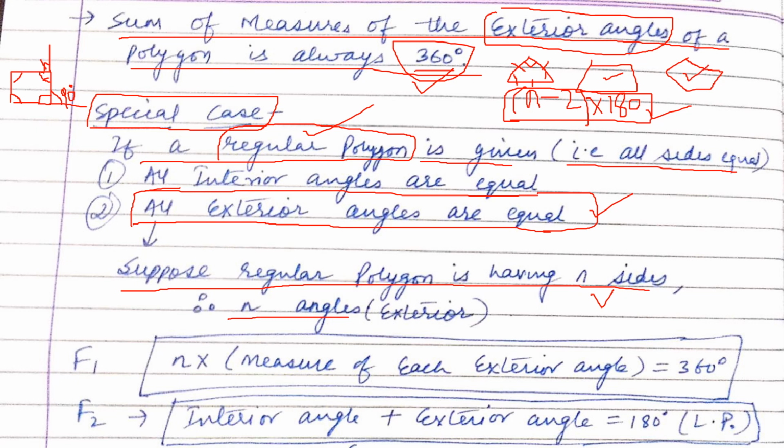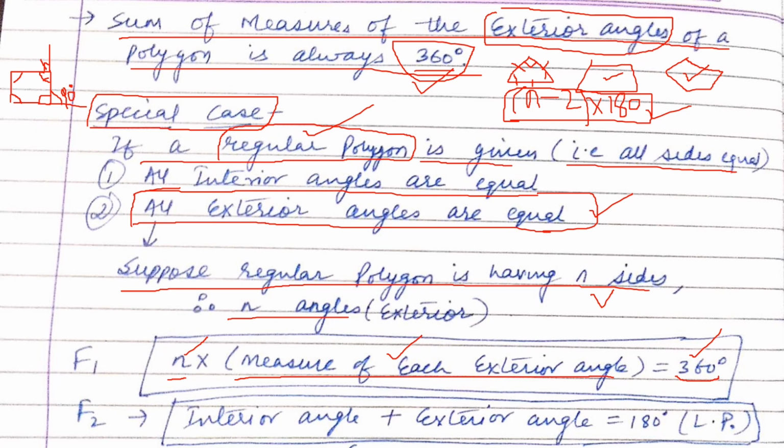Similarly, we can say formula 1, that n into measure of each exterior angle is equal to 360 degree. In this formula you can see, when you multiply number of angles with measure of each angle, the sum is how much? 360. Because we know from here that the sum of exterior angles of any polygon is always 360.